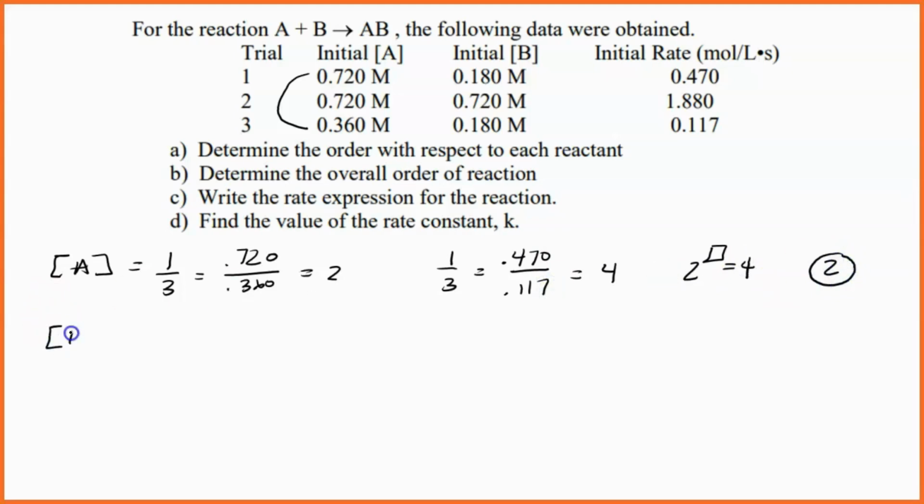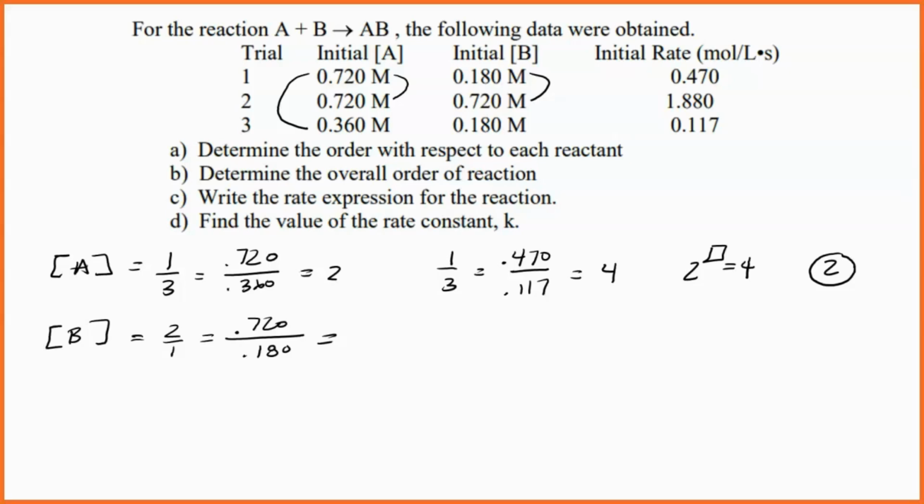Let's do B. I see that B changes in a couple different places. It does change from 1 to 2, and A stays the same from 1 to 2. Should I do 1 over 2 or 2 over 1? The concentration in 2 is 0.720, and the concentration in 1 is 0.180.